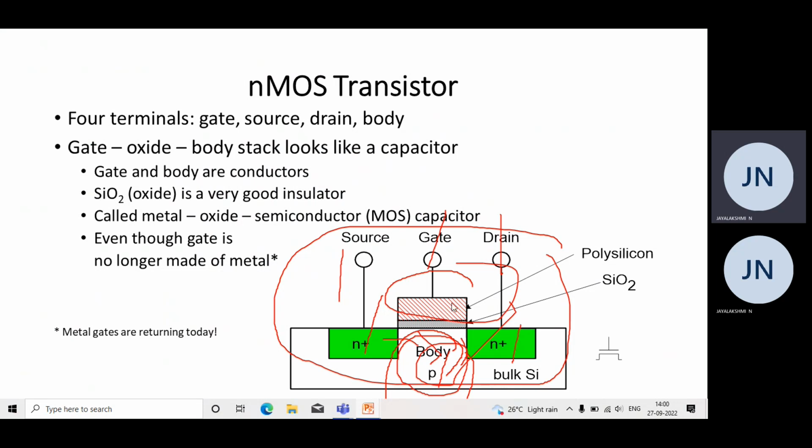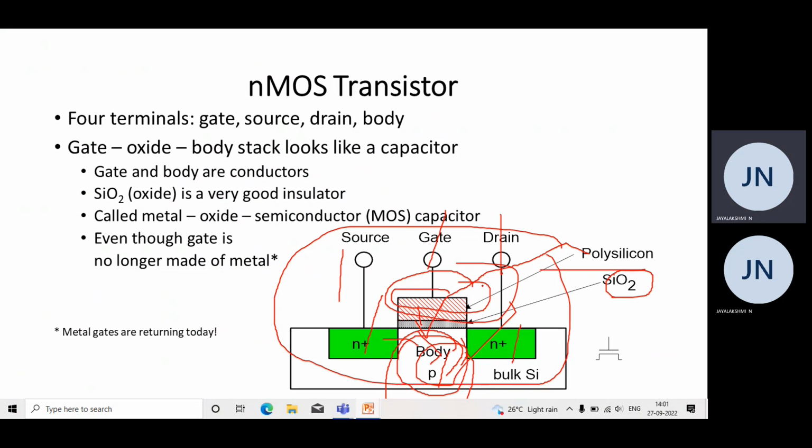The gate consists of two important layers. The top layer is a good conducting layer, which we call polysilicon.